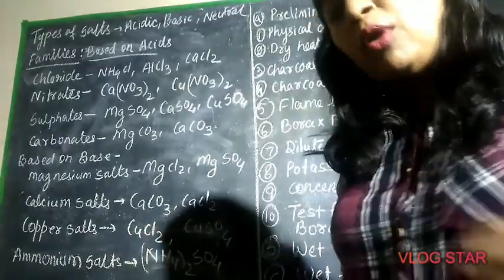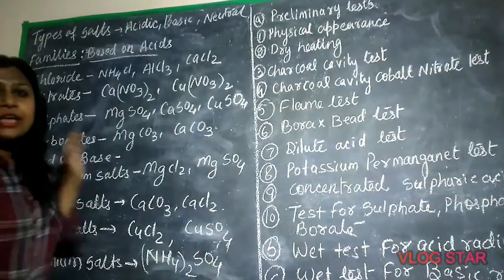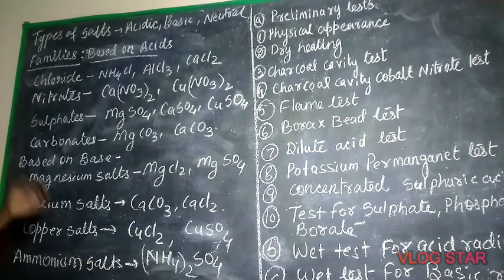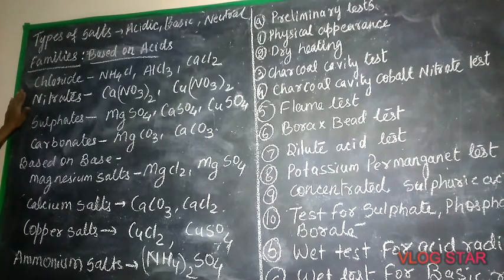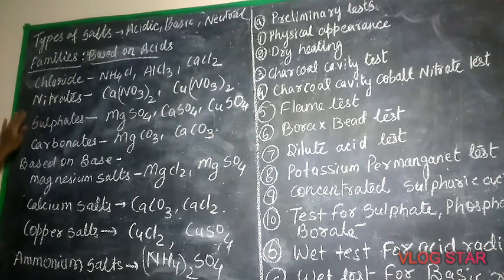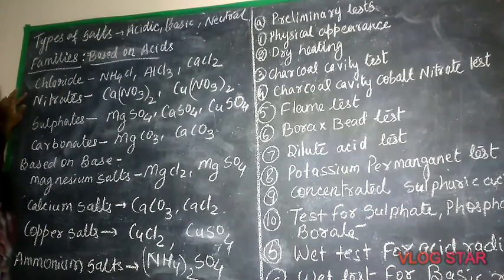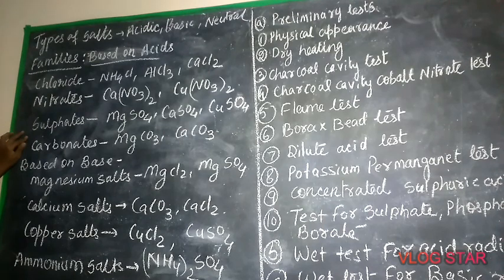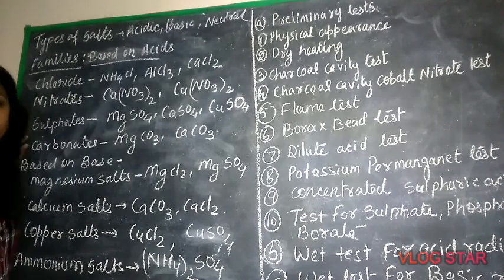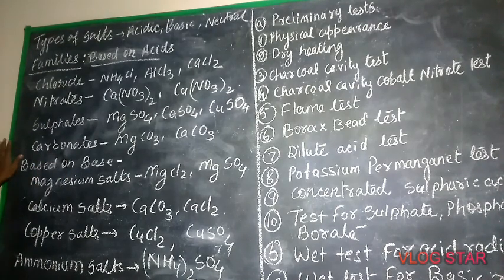Broadly, different types of salts are there, like acidic, basic and neutral salts. Then on the basis of families, we have different types of salts. Based on acids, we have chloride salts like ammonium chloride, aluminum chloride, calcium chloride; nitrates like calcium nitrate, copper nitrate; sulfates like magnesium sulfate, calcium sulfate and copper sulfate; carbonates like magnesium carbonate and calcium carbonate.